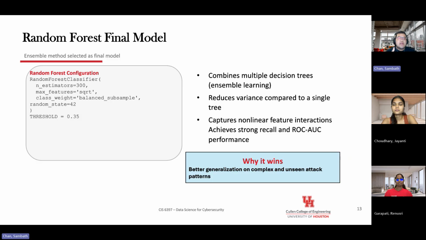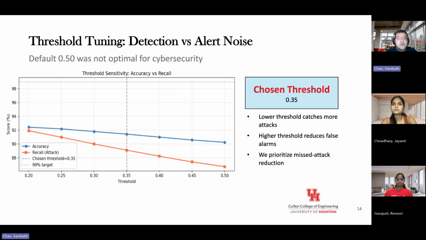We also use class balancing and tune parameters to improve detection performance. Overall, random forest gives us better generalization, which is why we selected it as our final model. Let's go to the next slide.